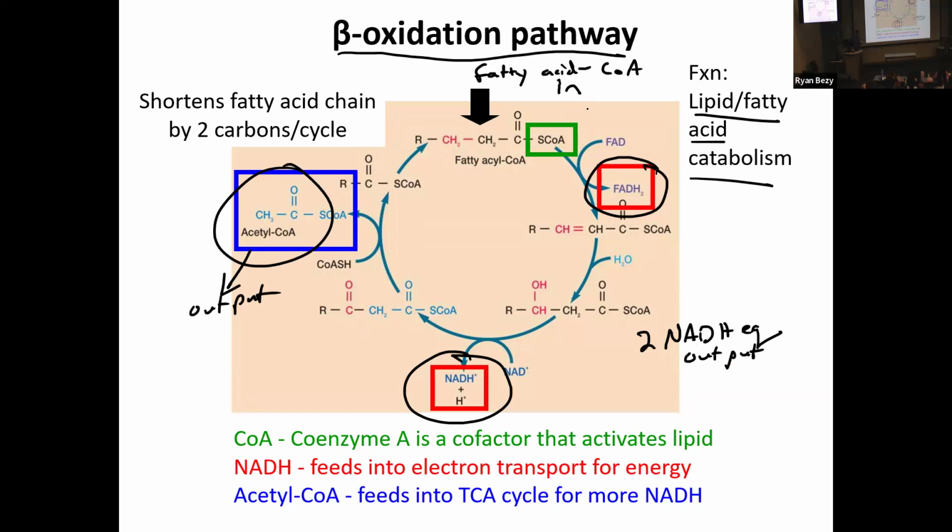My input is that fatty acid attached to a coenzyme A. The NADH that's made can feed into electron transport chains that generate more energy for the cell in the form of proton motive force. The acetyl-CoA can feed into the citric acid cycle, which then makes even more NADH, which also feeds into the electron transport chain, which makes some proton motive force for the cell. Okay, so these are all connected together.